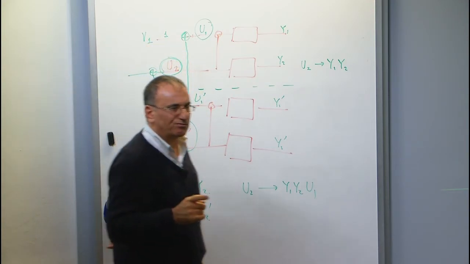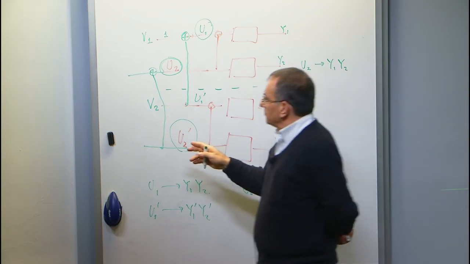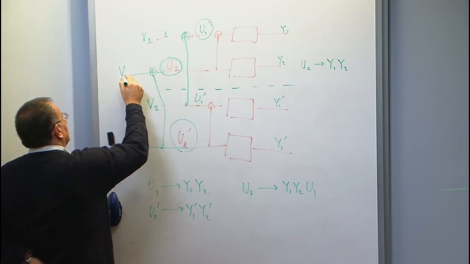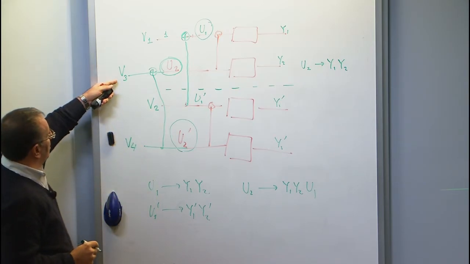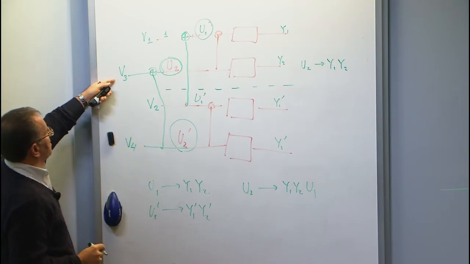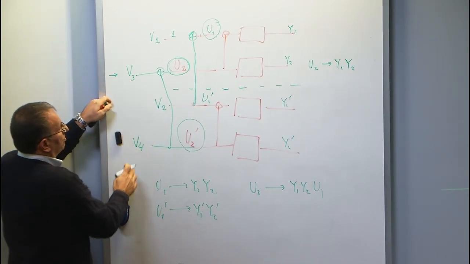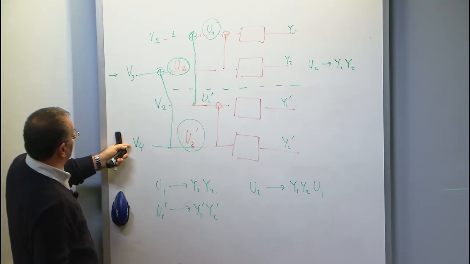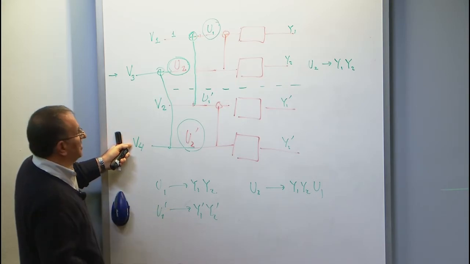This is the important question now. Does this system, in which I apply, let's call it V3 now, and then V4, the data inputs as V3 and V4 rather than as U2 and U2 prime, change anything?